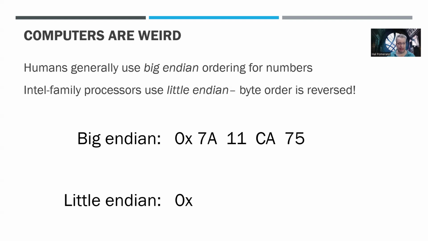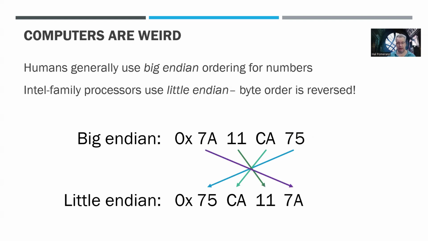So in little endian, the first byte is the 75, and then the CA, and then the 11, and then the 7A. You're reversing them in terms of bytes. You're not just writing the digits in reverse order. You're taking them byte by byte and writing the bytes in reverse order.